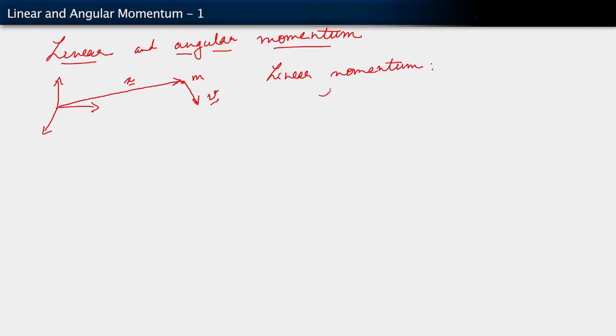We're going to denote it as L, and we're going to write it as a function of time. The linear momentum is defined as the mass times the velocity.